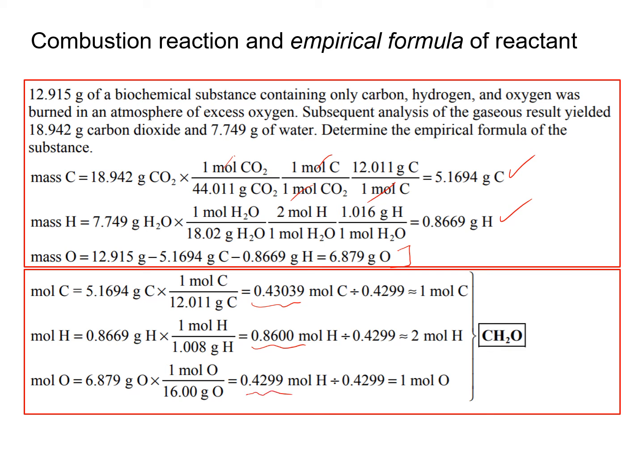You may recall that you do that by dividing by the smallest number, in this case 0.4299. And in this case, we don't have to do a lot of manipulation. We get this ratio that you see here of 1 mole carbon, 2 moles hydrogen, 1 mole oxygen, which in turn gives us a formula of CH2O.